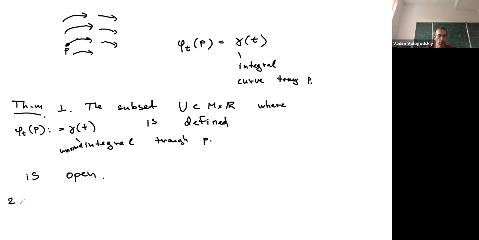The second assertion is that the map phi from U to M, which takes the point P comma T to phi sub T of P, is smooth.